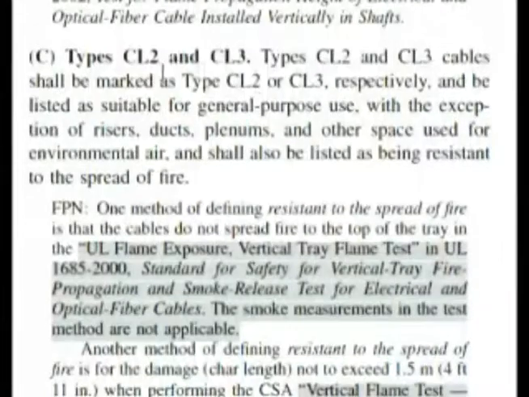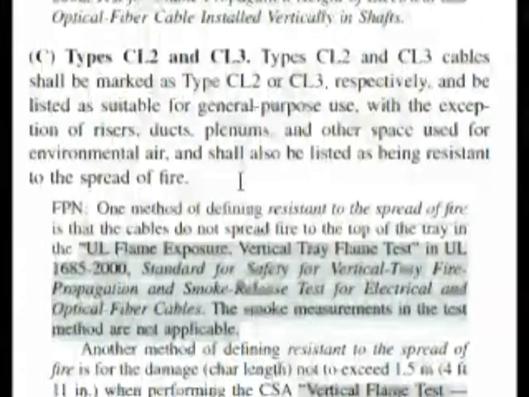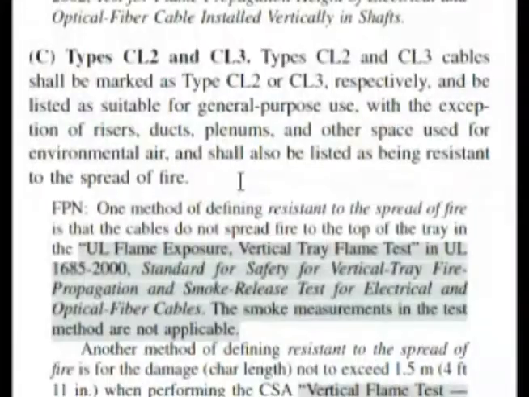Okay, now here's type CL2 and CL3. Now on your answer there was a misprint. It said CU. It should have said CL3. If we look at this, type CL2 and CL3 cables shall be marked as type CL2 and CL3 respectively, and be listed as suitable for general purpose use with the exception of risers, ducts, plenums, and other space used for environmental air, and shall be listed as being resistant to the spread of fire.